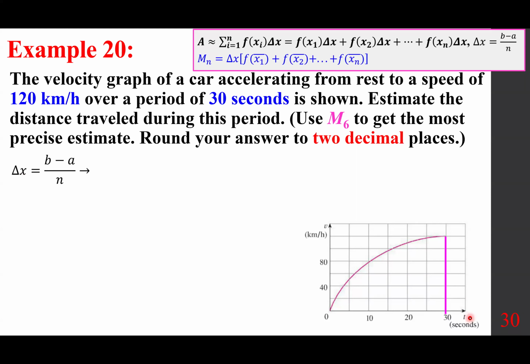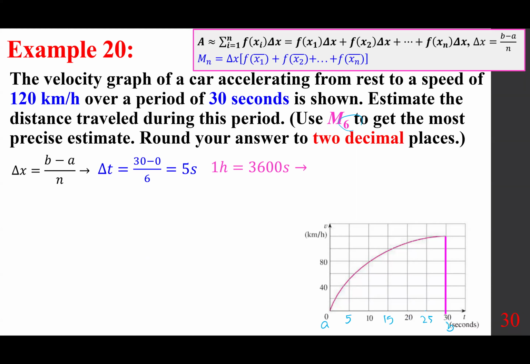So delta t is (b minus a) divided by n, and n is 6. So 30 minus 0 over 6 is 5 seconds. So intervals of 5 seconds, everybody. So this is 5, 15, 25. You cut that into 6 equal intervals.